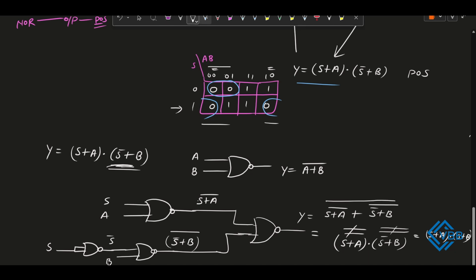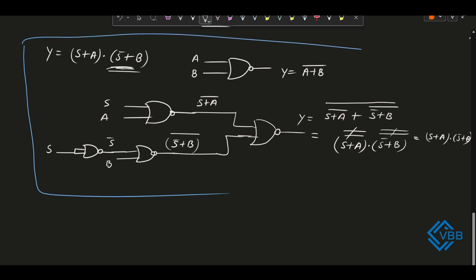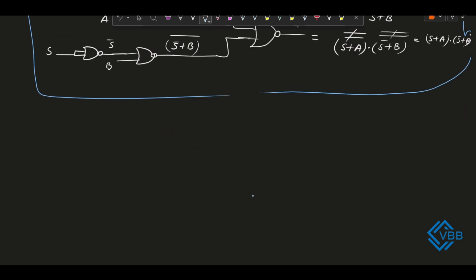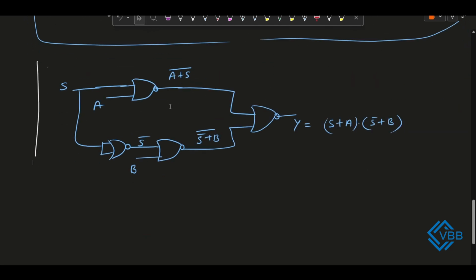Now from this we can say we have implemented our 2:1 MUX using only NOR gate. If you simplify this circuit, then we can also rewrite this circuit like this. Now if you see, we have successfully implemented the 2:1 MUX using only NOR gate.